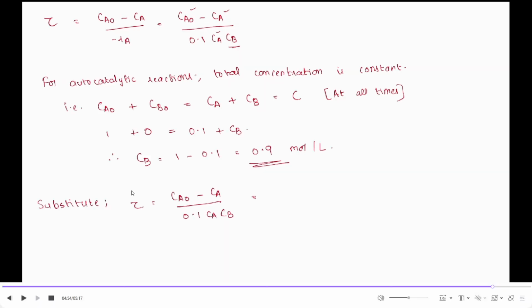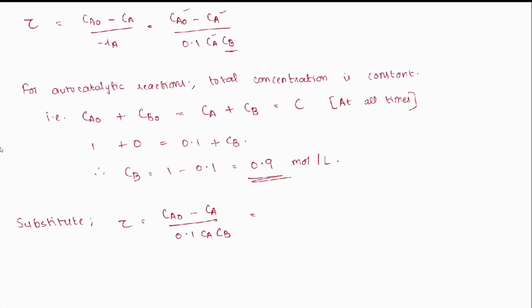So we just found out Cb from this balance. Ca0 plus Cb0 is equal to Ca plus Cb. This holds true only for autocatalytic reactions, and this is true for an autocatalytic reaction at any time. So using this, we found the concentration of Cb. We had the concentrations of Ca0 and Ca from the question.